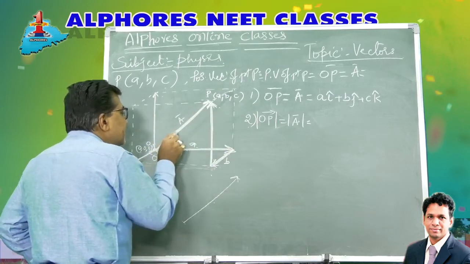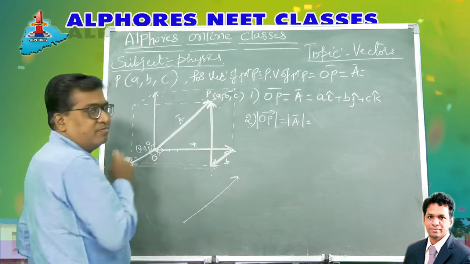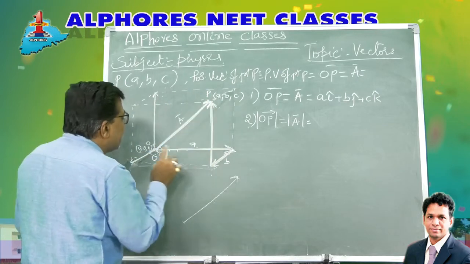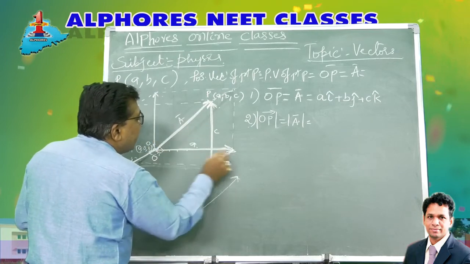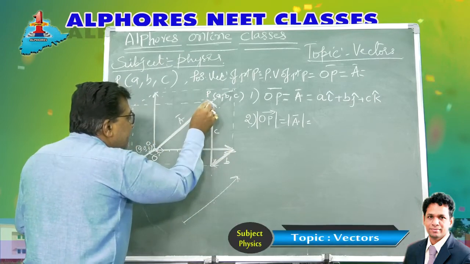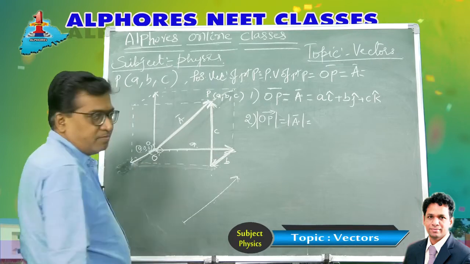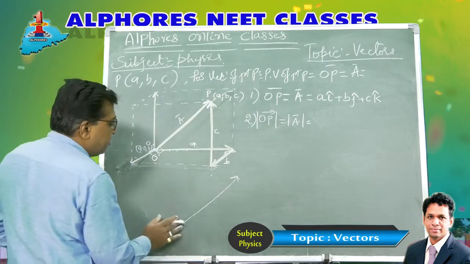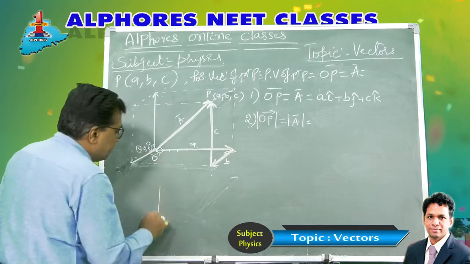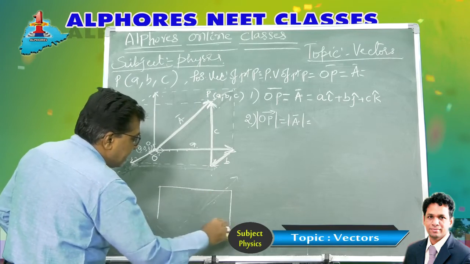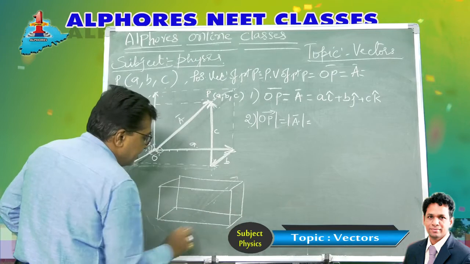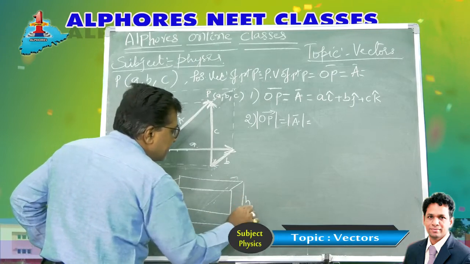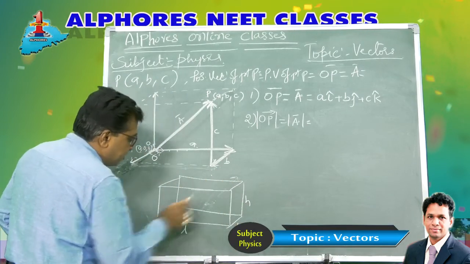If I imagine this as a cube of dimensions A, B and C, it is the body diagonal of this cube. Suppose there is a cuboid of length L, B and H, then what is the length of the body diagonal?